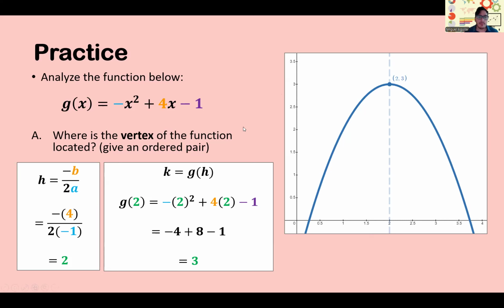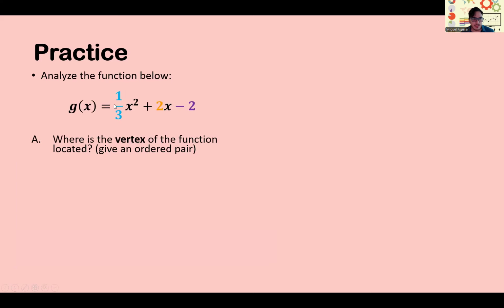Okay. All right. I think I have another practice problem in here. So what I want to do is give you guys a minute or two. I'm going to awkwardly stand here while you find the H value using that formula and then find the K value. If you can tell me what the vertex and then the axis of symmetry are, I'll be happy. So take about 2 minutes to do that. And if you need that formula, I'll write it here.